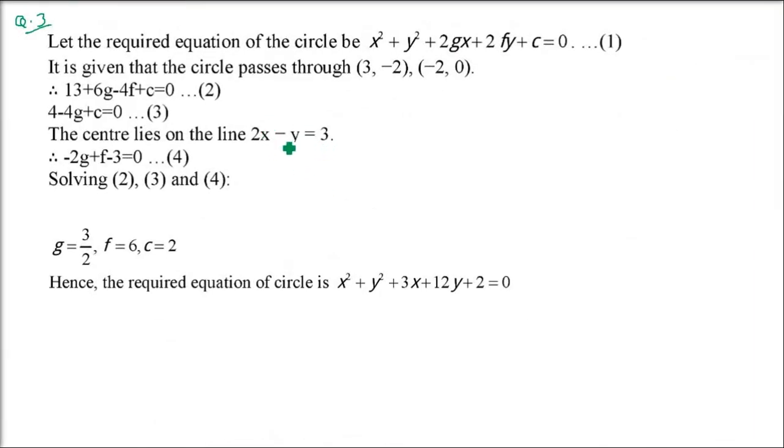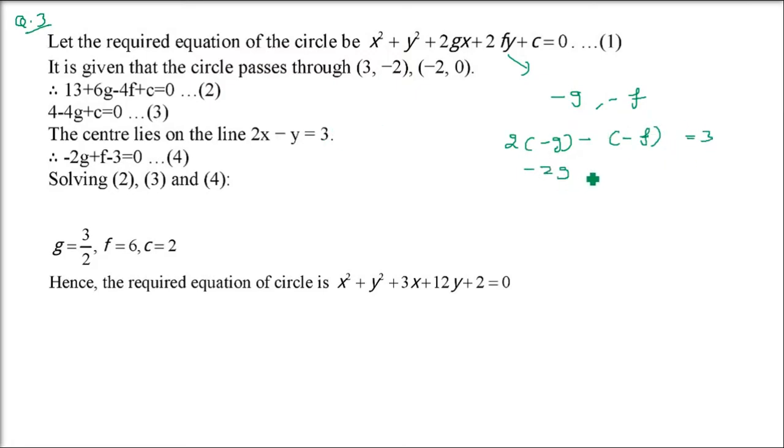Now the center lies on 2x minus y equals 3. Remember that the center is minus g and minus f, not g, f. Now put this minus g and minus f in the equation 2x minus y equals 3. Put x as minus g, in place of y put minus f, and you get 3.